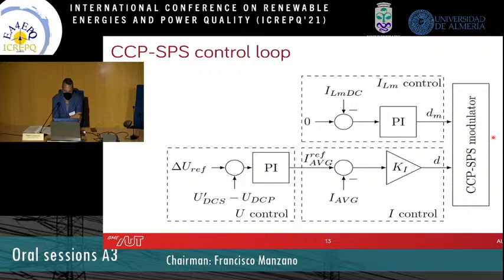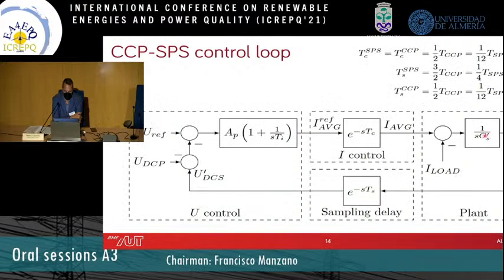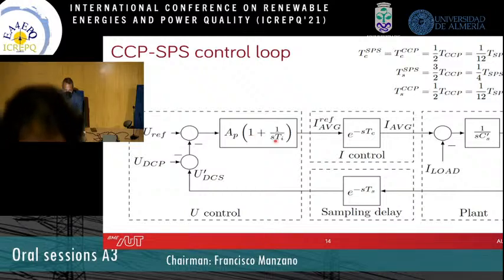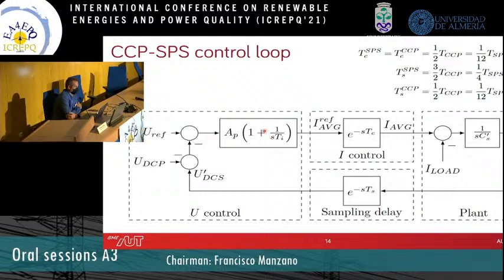To tune the PI controller, you have to write up the full control loop transfer functions, and you can see it here. The PI controller is just a regular PI controller, and the current model, as it's a model-based controller, just has a delay. The plant itself is just a capacitor, basically.